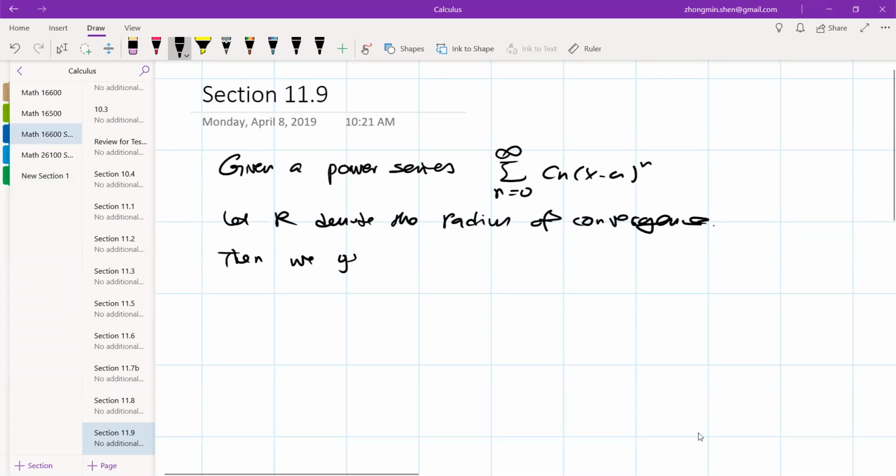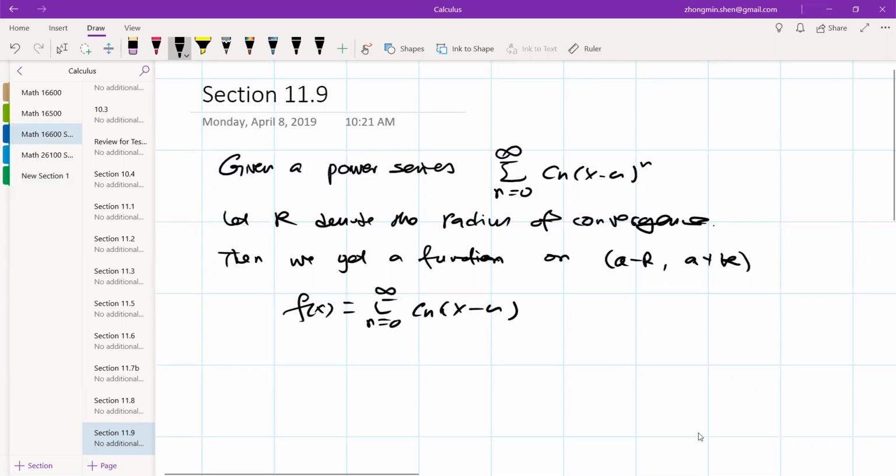Then we get a function on the interval a minus r, a plus r. That function is given by this.